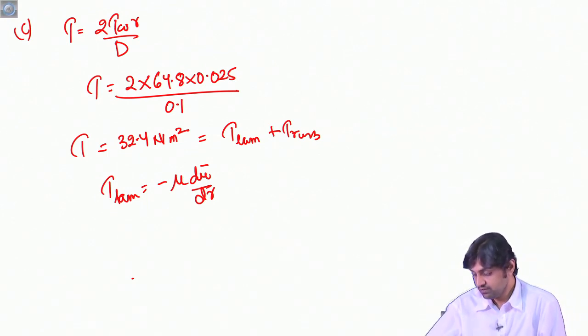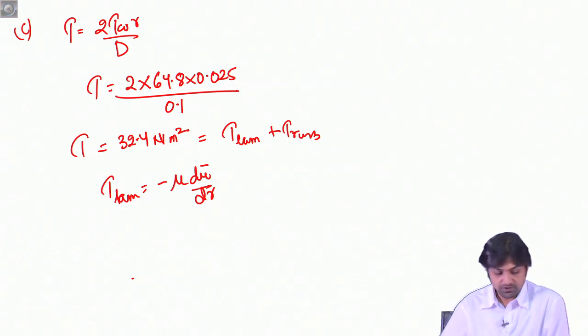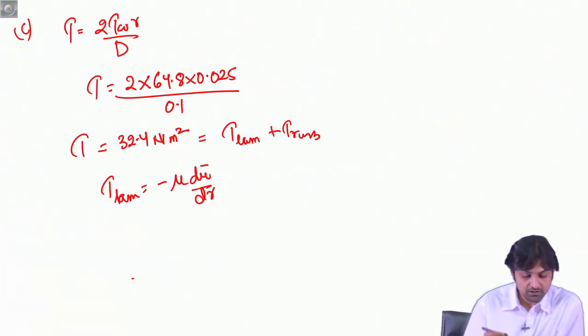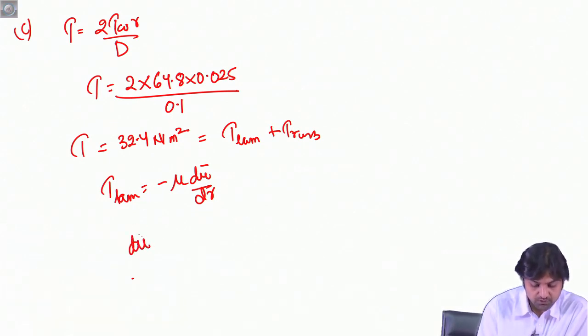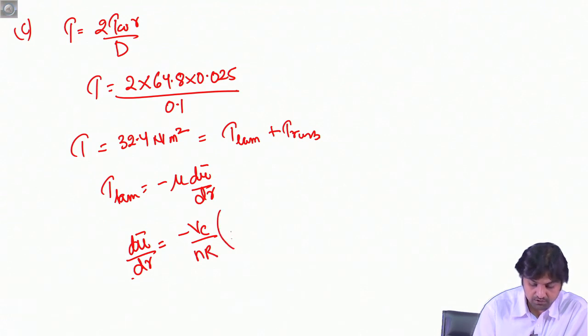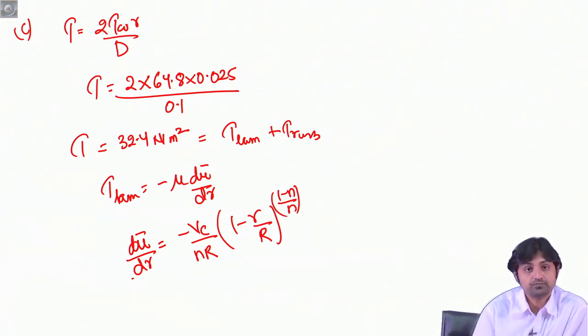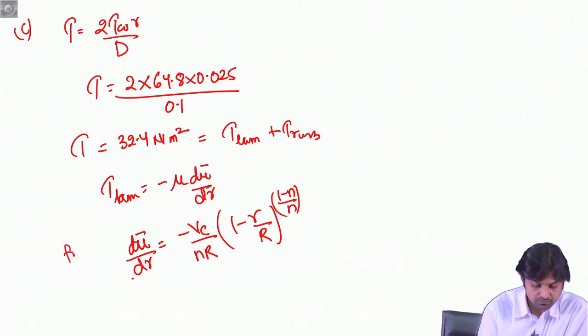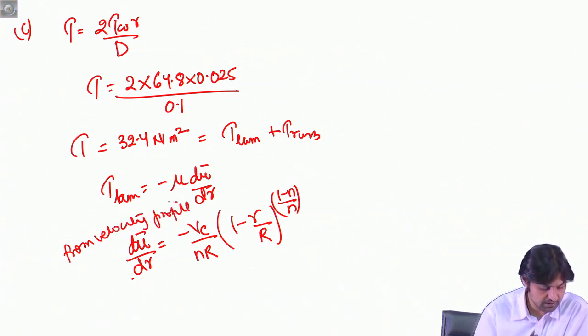From the velocity profile law, if we try to find du by dr, it's going to be minus Vc by nR into (1 minus r by R) to the power (1 minus n) by n.